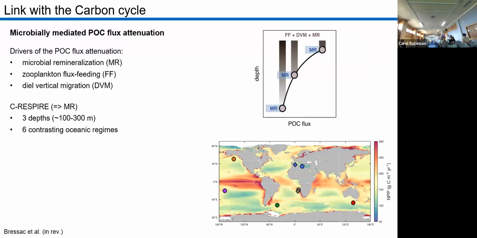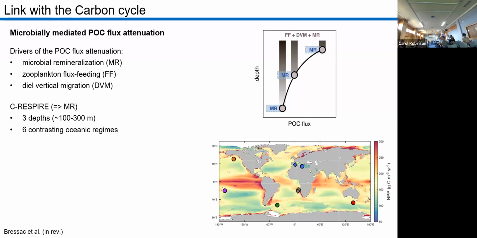So now that we know the different steps and the uncertainties, just to illustrate what you can do with the method, for instance: if we go back to this flux attenuation curve, this Martin curve, basically they are driven by three main processes. The microbial mineralization, which we measure, the zooplankton flux feeding and particle fragmentation, and also the vertical migration that can inject particles at depth.